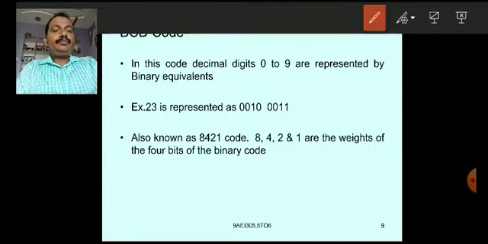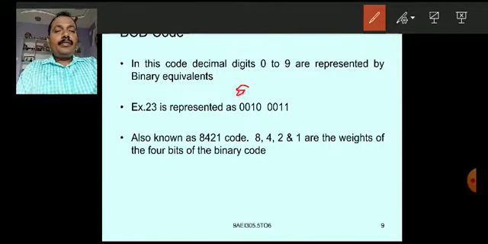For example, if you apply the weights 8 4 2 1 to 0010, only a 1 is available in the second position, which has the weight 2.